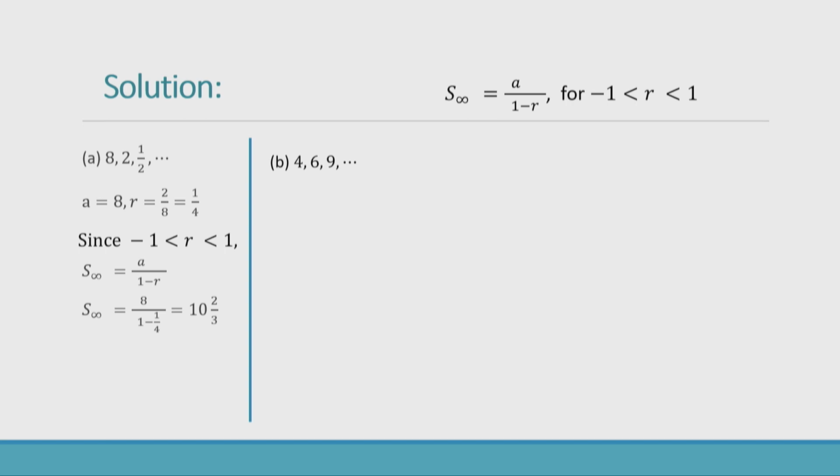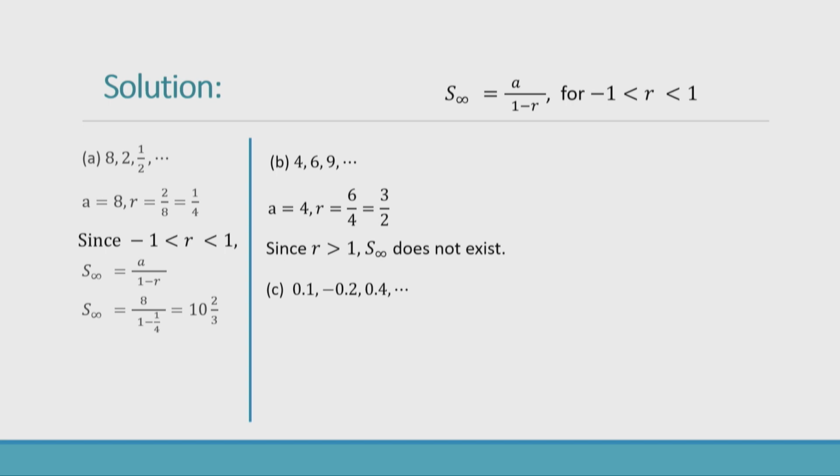Part B, 4, 6, 9. Our first term, A will be 4, and R will be 6 over 4, that is 3 over 2. Now, R is greater than 1, therefore the sum to infinity does not exist.